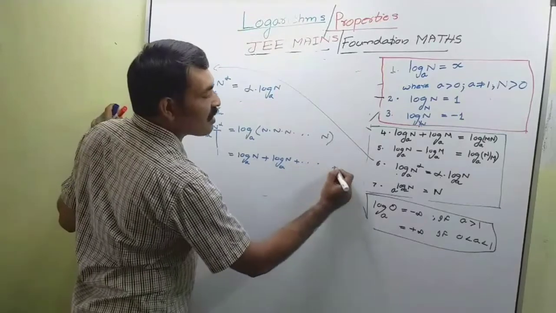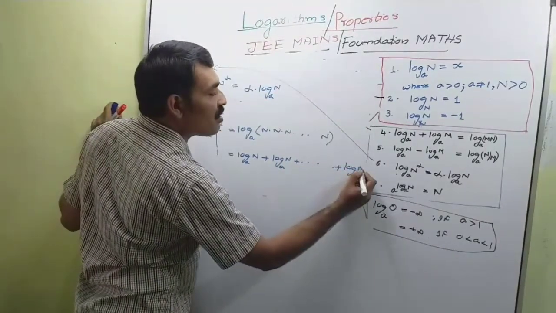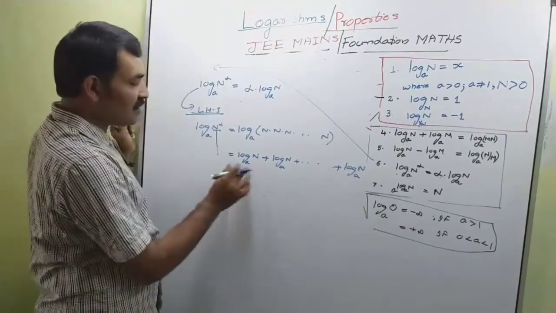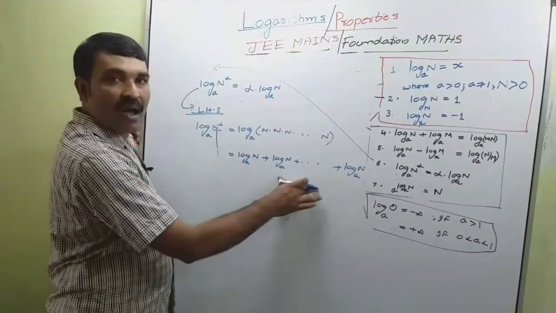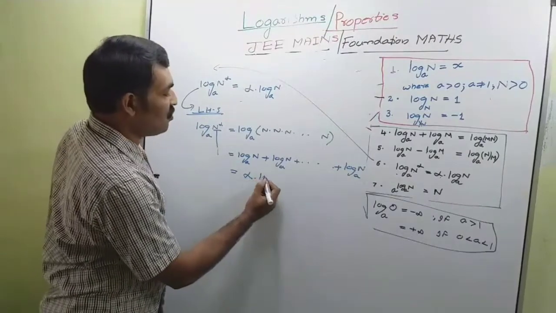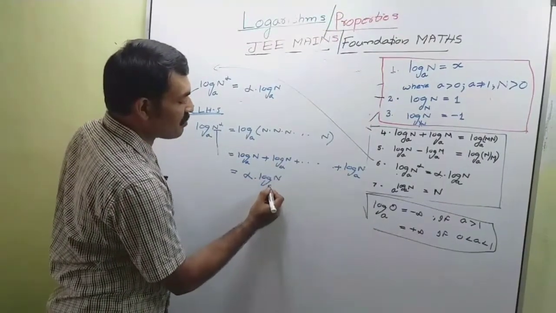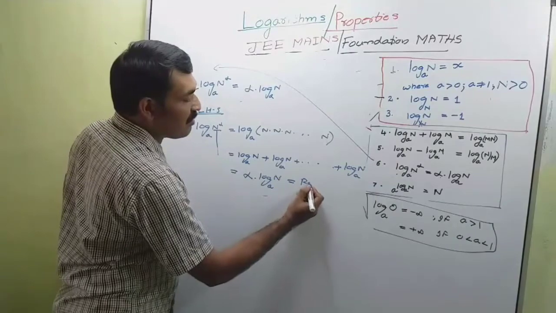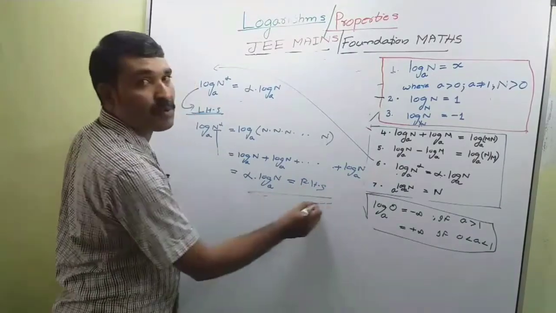This continues up to alpha times. So, this is the summation of this term, alpha times, that is equal to alpha into log n to the base a. This is our RHS, hence proved.